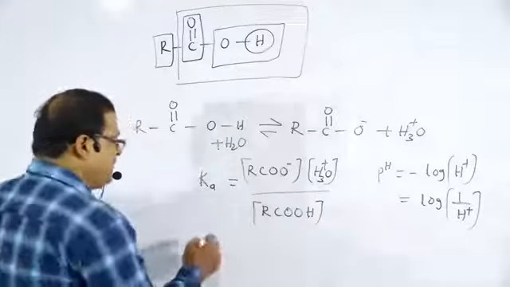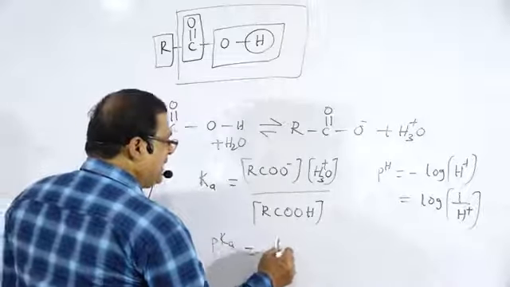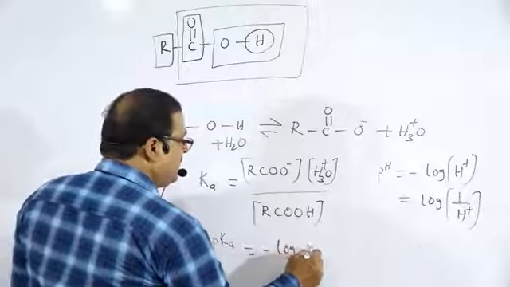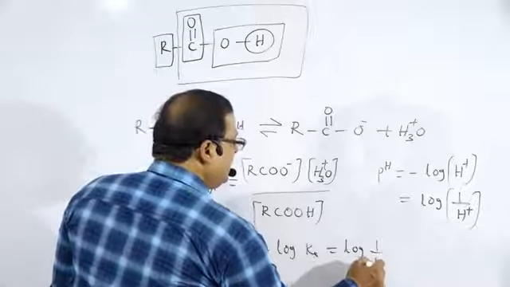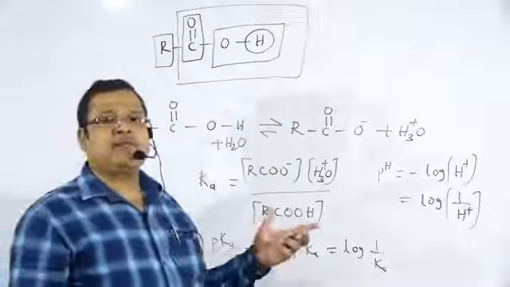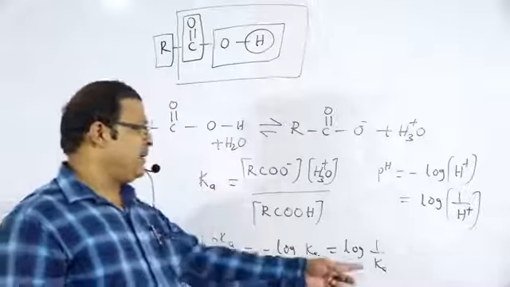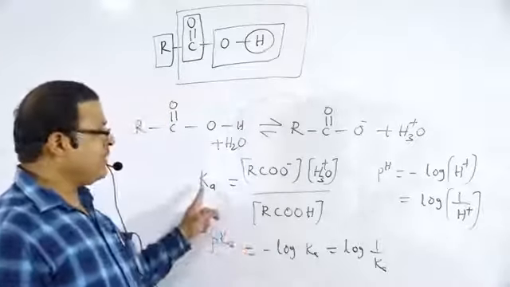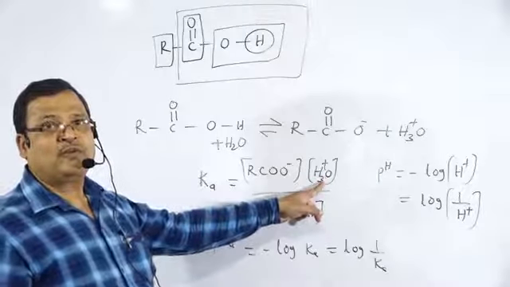And if we take pK, that is the negative logarithm of K, equal to log 1 by K. So how do we define the strength of the acid on the basis of K value and pK value? Higher is the value of K, higher is the value of H plus, and acidic behavior will be more.